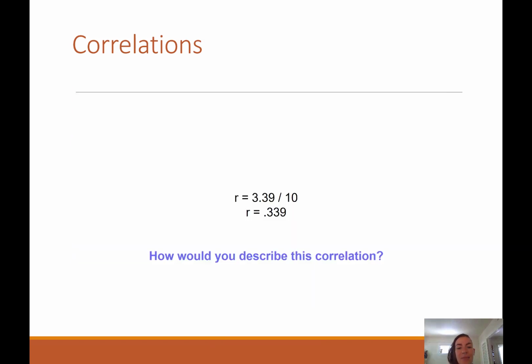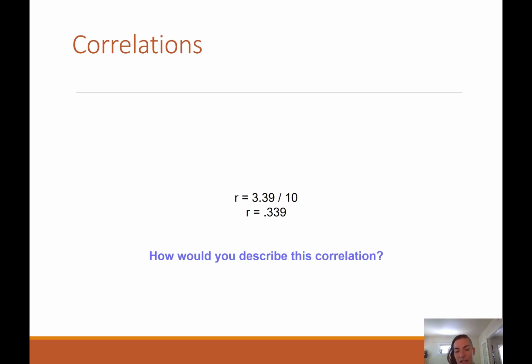The next step, or the final step, is to divide by n, as you just saw in the previous slide. So 3.39, the sum of cross products, divided by sample size, which is 10, gives us a Pearson's r value of 0.339.